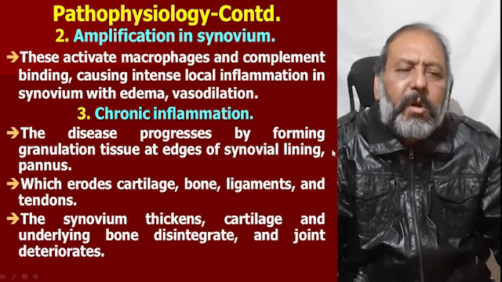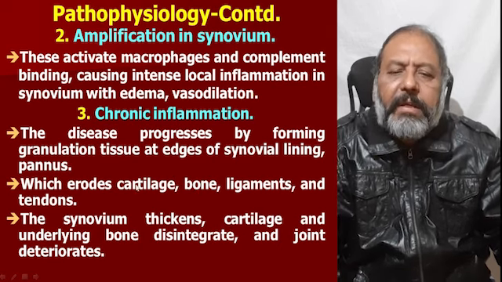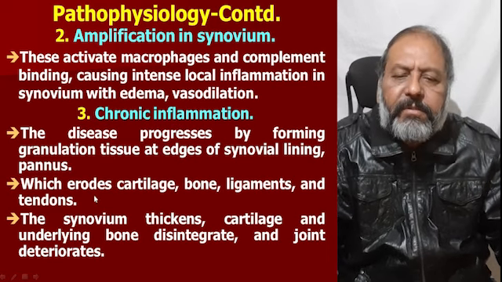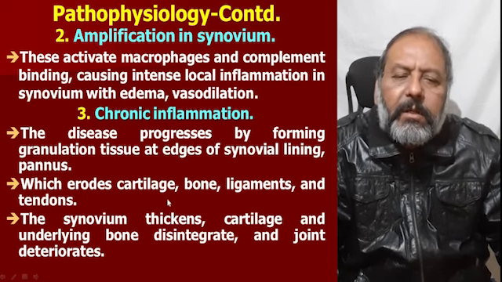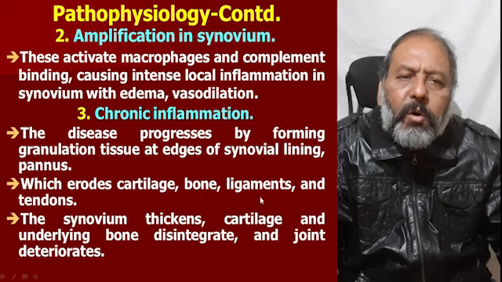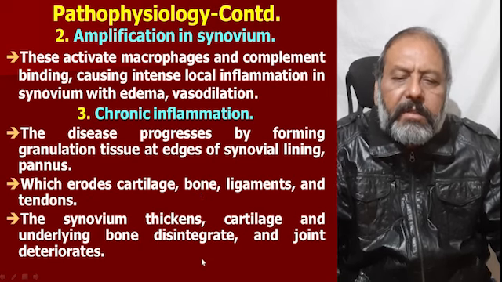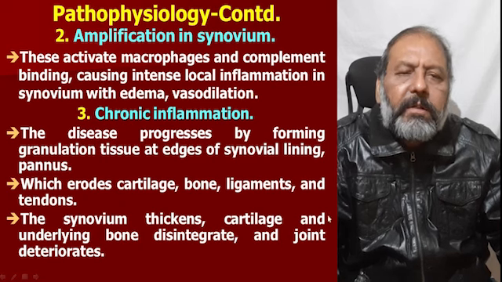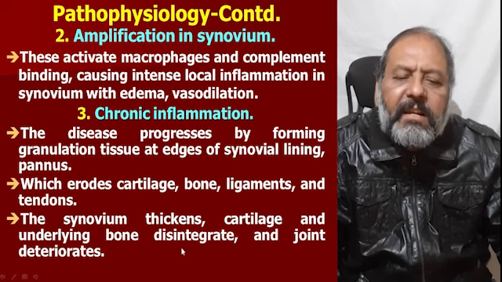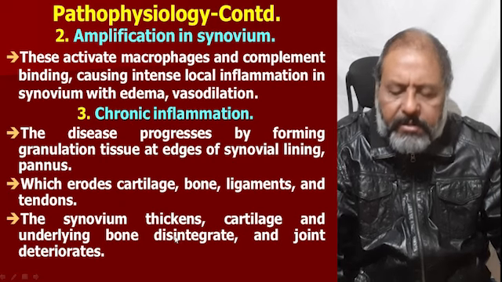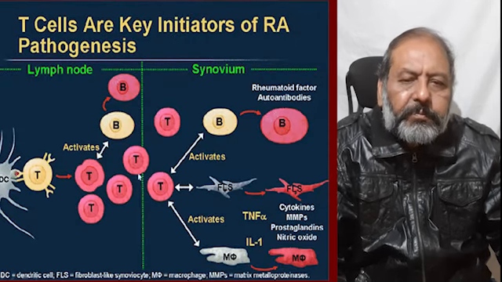The disease progresses by forming granulation tissue at the edge of the synovial lining, which is pannus. I have shown you already in the previous slide. This pannus erodes the cartilage, bone, ligaments, and tendons of the joint. The synovium thickens, the cartilage and underlying bone disintegrate, and the joint deteriorates.